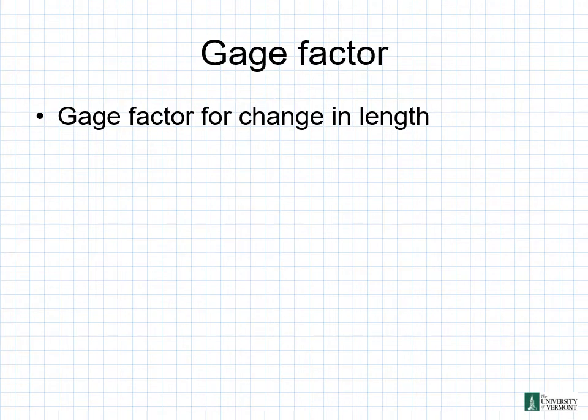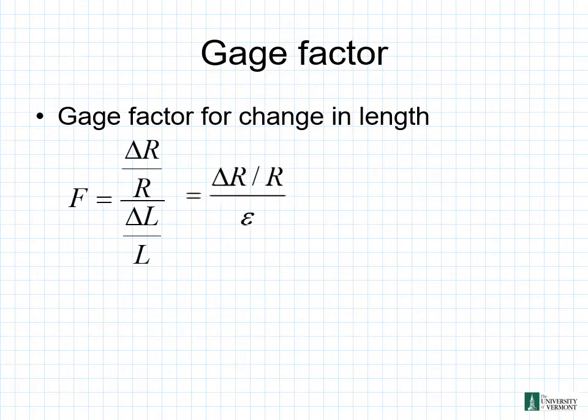So let's take a look at our gauge factor for the change in length. So we have this relationship here, F is equal to our delta R over R divided by delta L over L, where our delta L over L is our epsilon value here. We can reduce and plug that in.